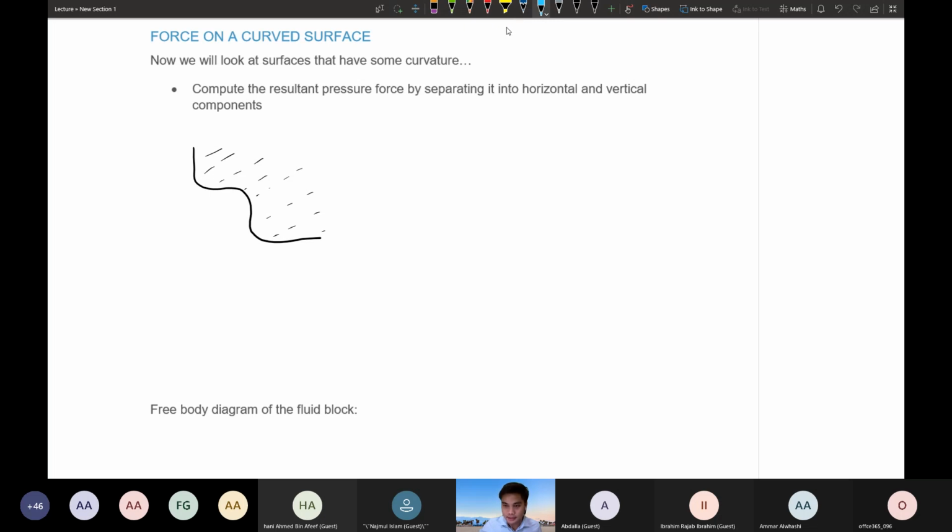So let's take a look at the projection in the horizontal axis. This is X and this is Y. This is horizontal. When we do this for the curvature, we need to break it down. We have to project onto the horizontal axis.